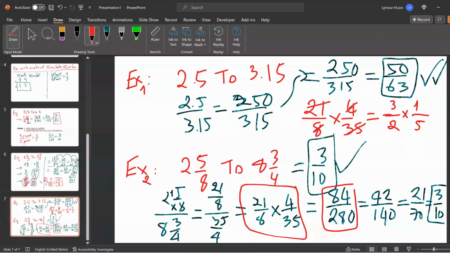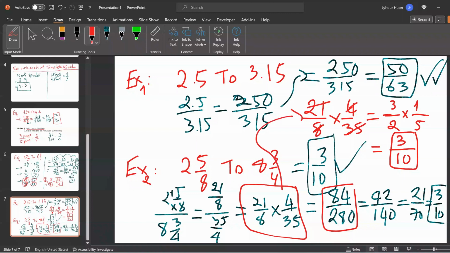Now the fraction becomes smaller, right? Then let's multiply them. Numerator with numerator, 3 times 1 is 3. 2 times 5 is 10. That's way easier.